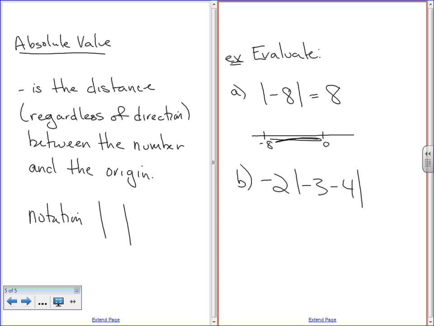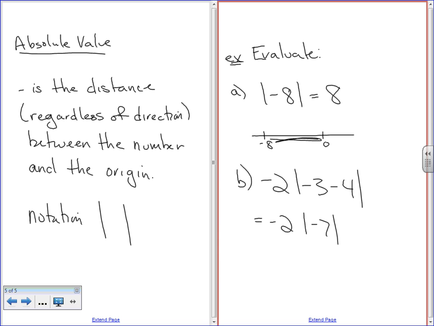Okay, and when you have multiple absolute value signs, something like this, evaluate your absolute value first, and then multiply it by the number in front. Okay, so you cannot distribute this. It's not like a bracket. Okay, this is a function. So you can't take this and multiply it in. That doesn't make any sense. So what you would do is collect like terms inside of the absolute value, then evaluate the absolute value.